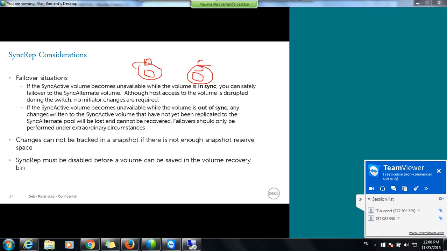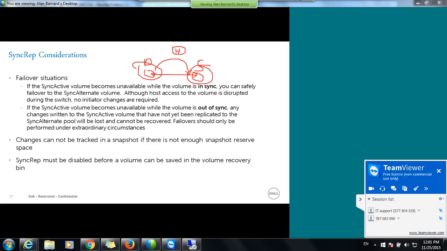Now you have your host in here. Sync rep will have an identical IQN name. When you do a switch over to your alternate, this will take time. In theory it takes seconds, but it's still time, so there is some interruption in here.